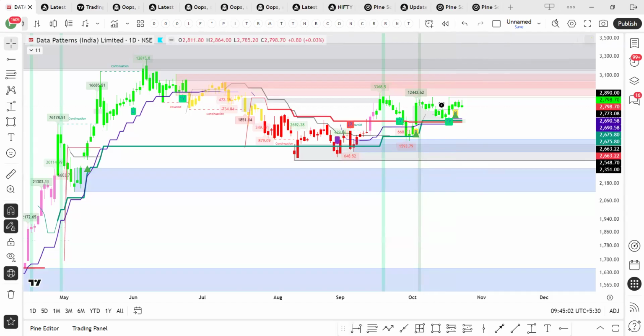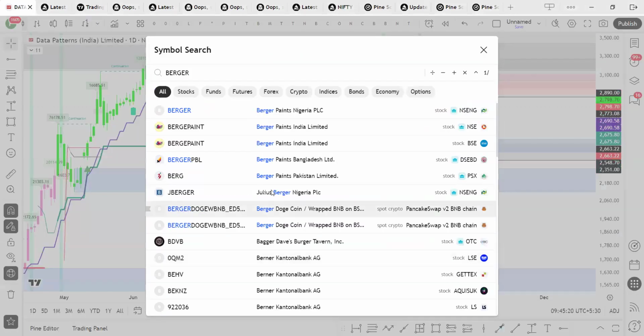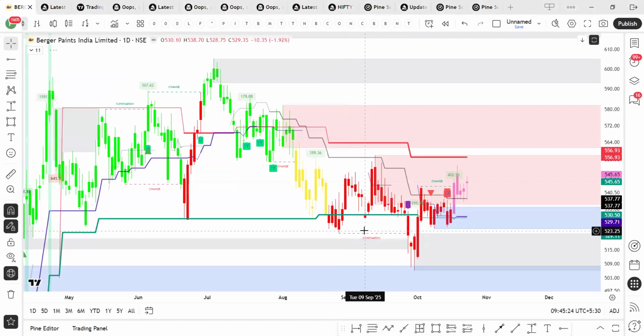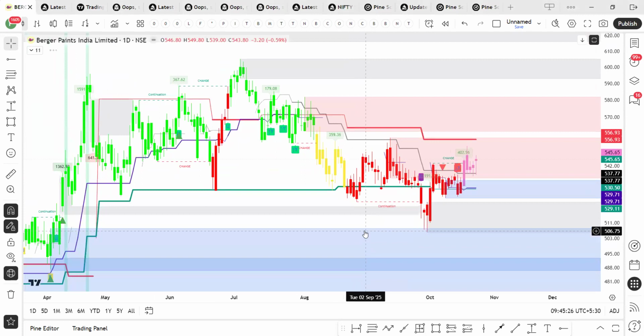Now, what next? Berger Paints. Okay. This is a chart of Berger Paints.